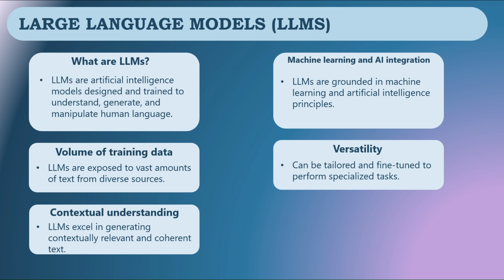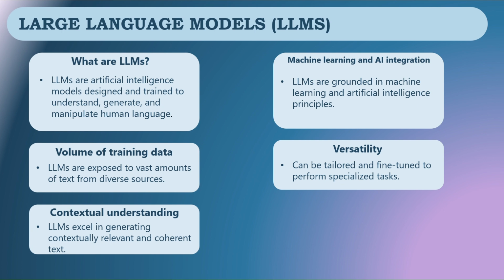So, as GitHub Copilot is powered by large language models, popularly known as LLMs, let's briefly explore the large language models. So, large language models are artificial intelligence models designed and trained to understand, generate, and manipulate human languages.